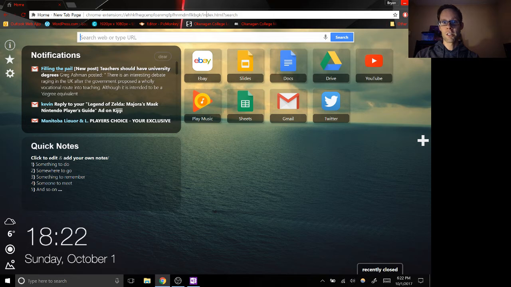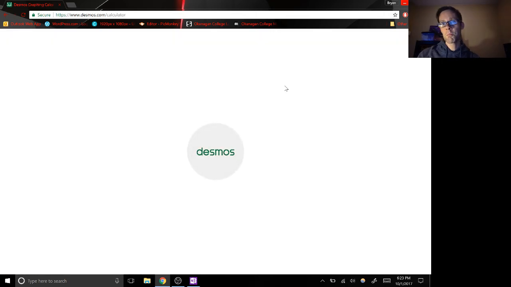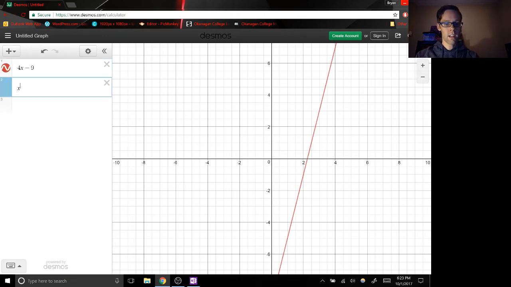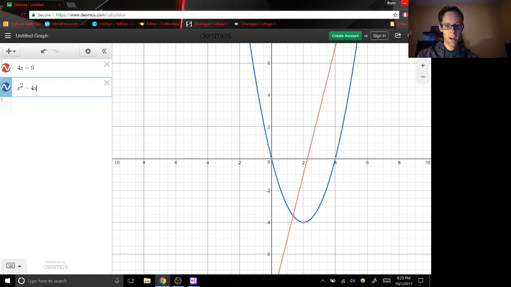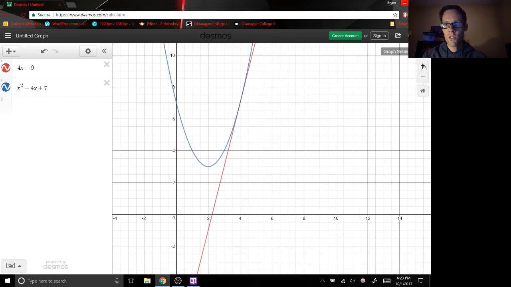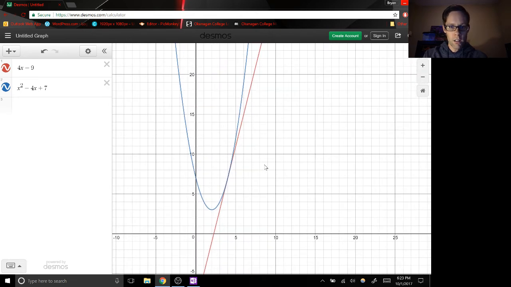If you want, we could actually plot these two particular functions: 4x minus 9 and x squared minus 4x plus 7. Okay, just to give you some context as to what that might look like.